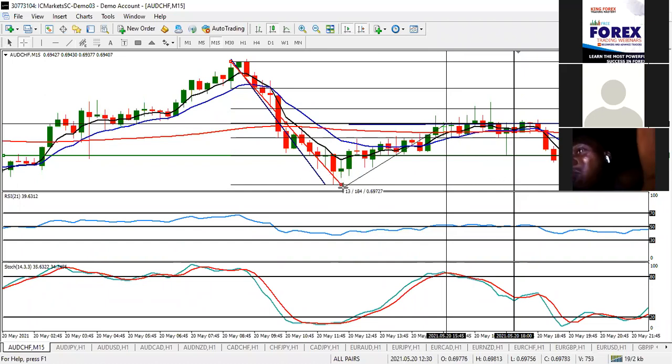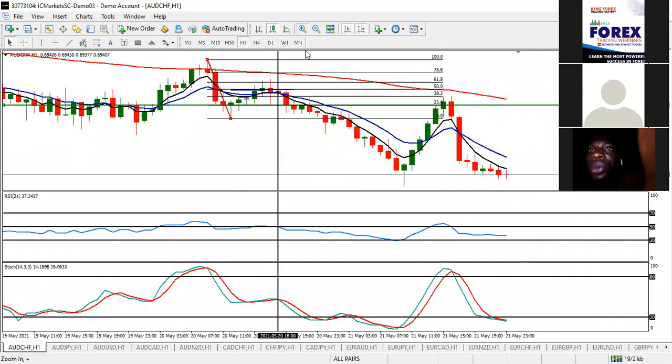So this will ensure we take tighter stop loss like 20 pips instead of 30 pips. Having additional 10 pips is going to be a huge advantage for us to win more trades.